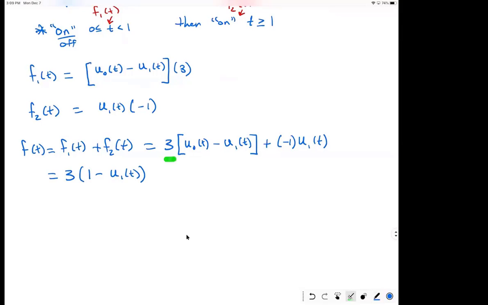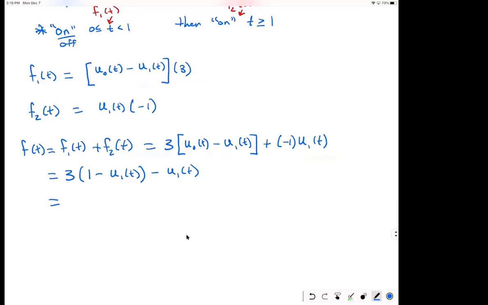So I'll just recopy this, but change this to 1, and then minus u1 of t. And then I've just, of course, simplified that. Now, I could just leave it this way, but we tend to try to simplify them as much as possible.